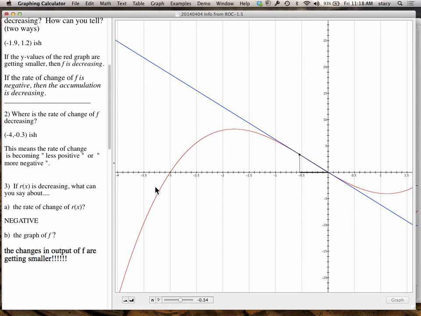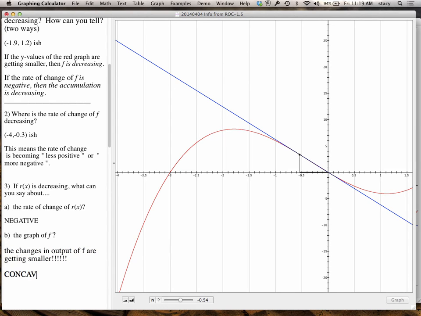They're big positive, and then smaller positive, and then smaller positive, and then they're basically zero, and then they're negative, and then more negative, and then they're getting smaller, right? A bigger negative is a smaller number. Negatives are tricky. Okay? A bigger negative is a smaller number.